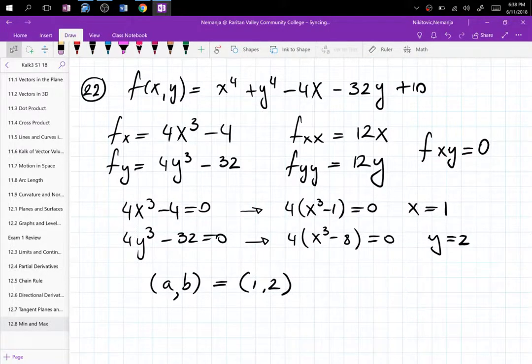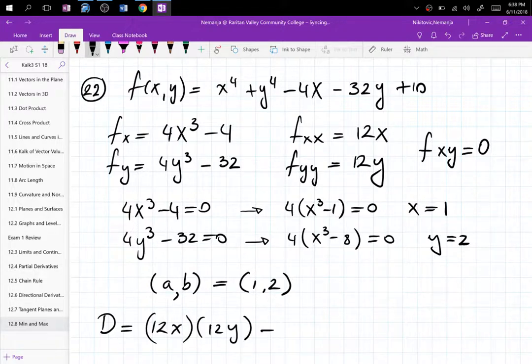Now we're going to compile the D formula, and that's going to be fxx, which is 12x squared, times fyy, 12y squared, minus 0 squared. I think fxx and fyy are 12x squared and 12y squared. Yes, I said that.